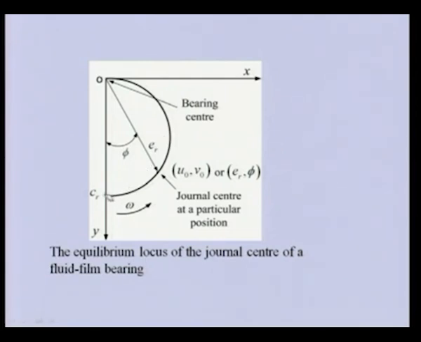This particular plot is basically a plot of how the center of the shaft changes with speed. At 0 speed, this is the bearing center and this is the shaft center, but when the speed increases, the shaft occupies some inclined position.